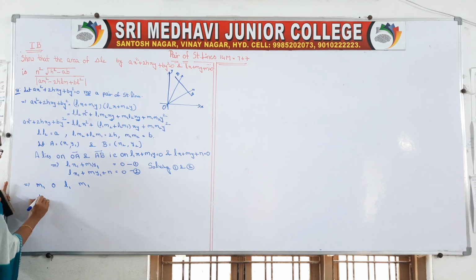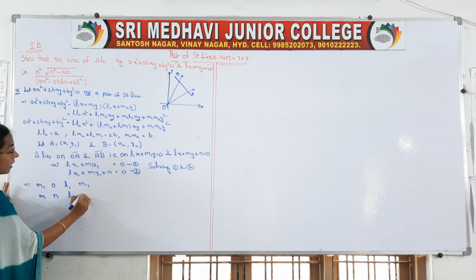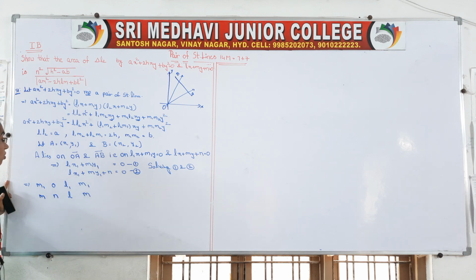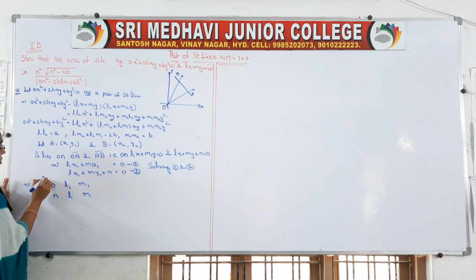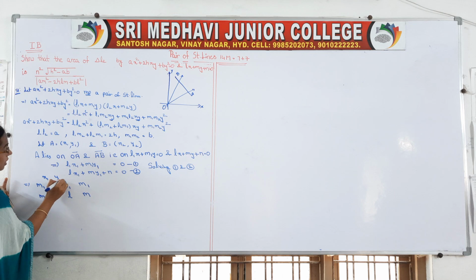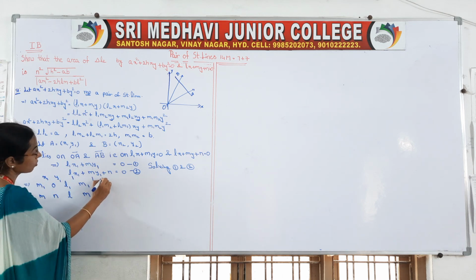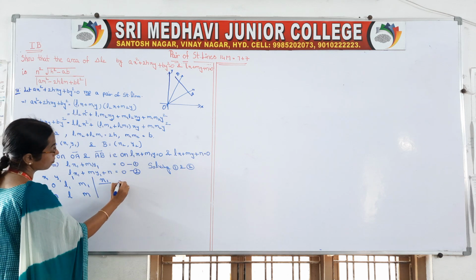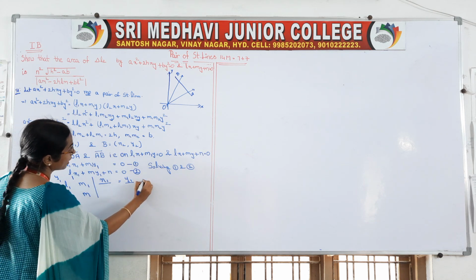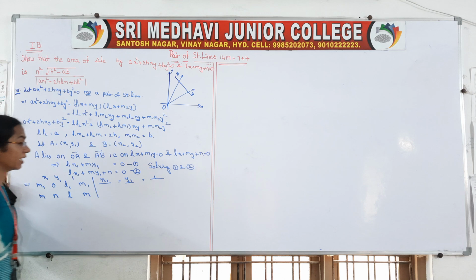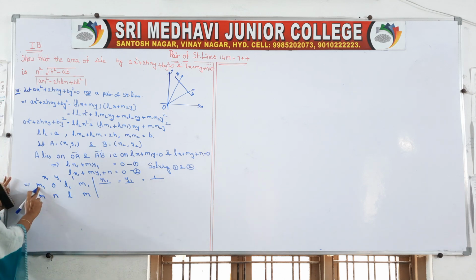Same thing: y coefficient, constant, x coefficient and y coefficient. In between the first two we write x1, in between the next two y1, and in between the last two 1. So x1 divided by, y1 divided by, 1 divided by. Come on, this is this one into this one minus this into this.